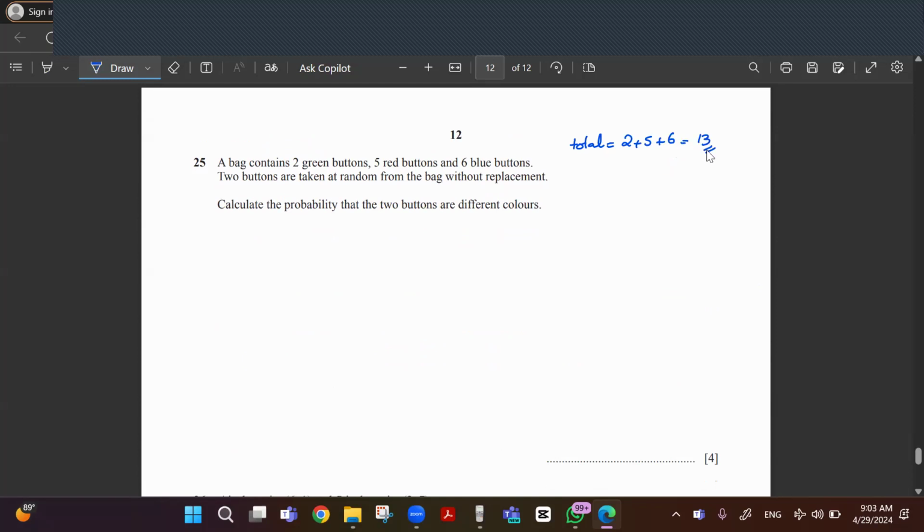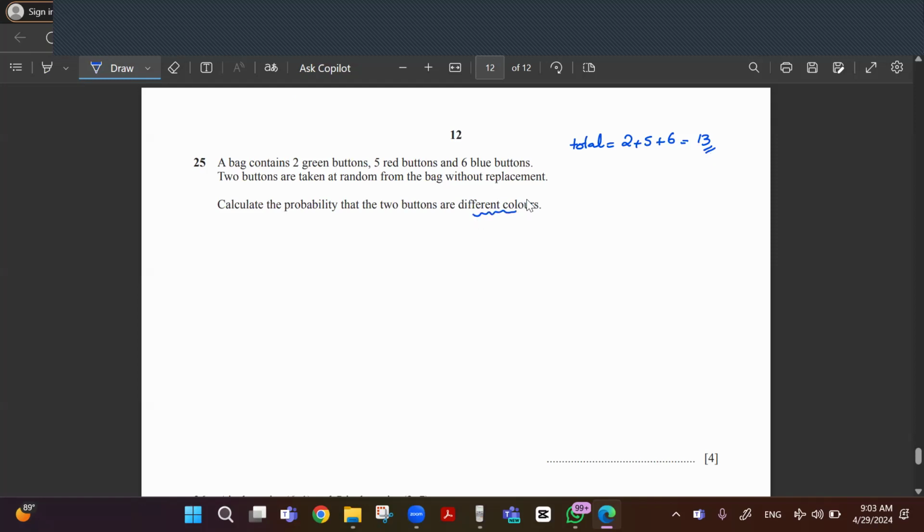Then 2 buttons are taken at random from the bag without replacement. That means I am going to have 2 fractions, the first divided by 13 and the second divided by 12. Calculate the probability that the 2 buttons are different colors.